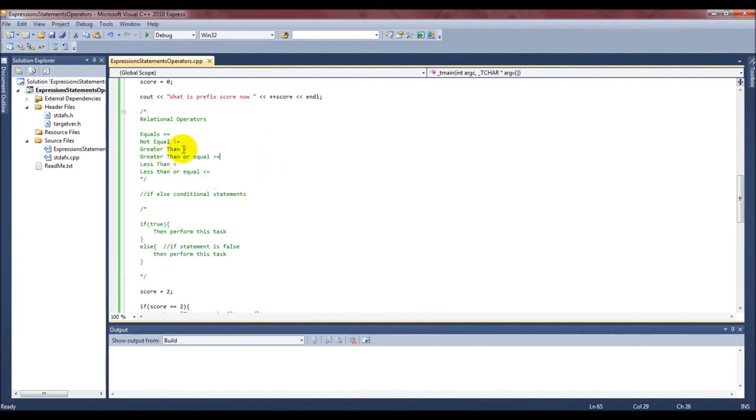Greater than is a greater than arrow. Less than is a less than arrow. Greater than or equal to is followed by the equal sign after the greater than and less than signs. Okay, these are very good for evaluation purposes, so you should probably take note and write these down or memorize them.